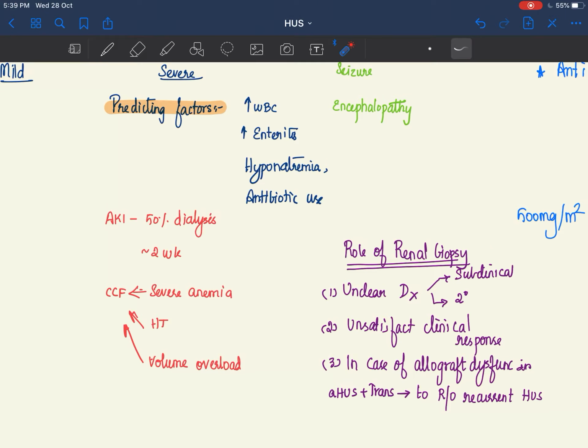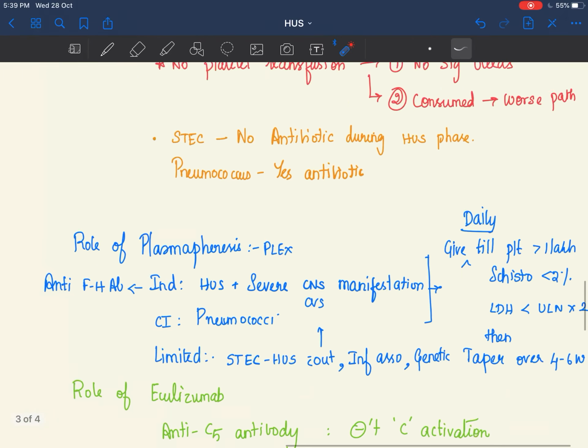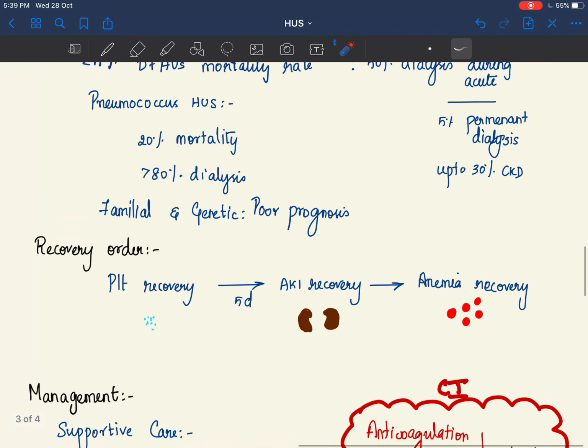You do not know if it is due to allograft rejection or the HUS is actually coming back to attack this graft. So, to rule out recurrent HUS, you will do a renal biopsy in an atypical HUS patient who has undergone a transplant. 3 conditions: unclear diagnosis, unsatisfactory response, or unable to differentiate between a recurrent HUS or something else in an allograft patient.